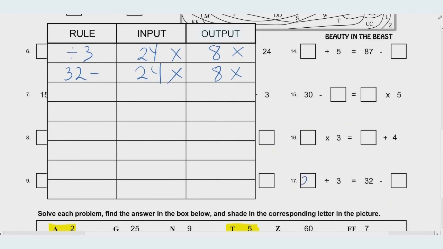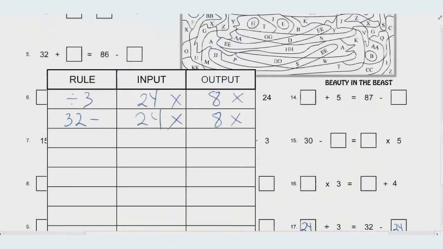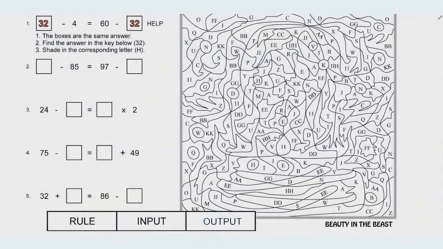Because 24 divided by 3 is 8. And 32 minus 24 is 8. They are equal or they are the same. Again, if you didn't catch that, you can always rewind it and listen to me. But if you did get it, we're just trying to find 24 in our box, and 24 is P. So our last answer is P. So you're going to shade in P.